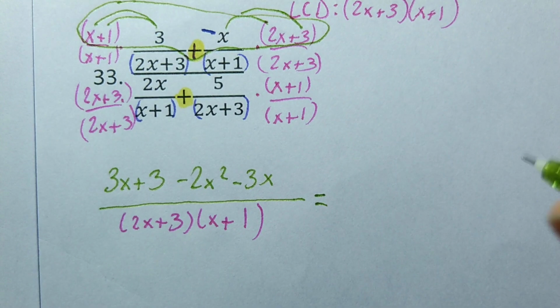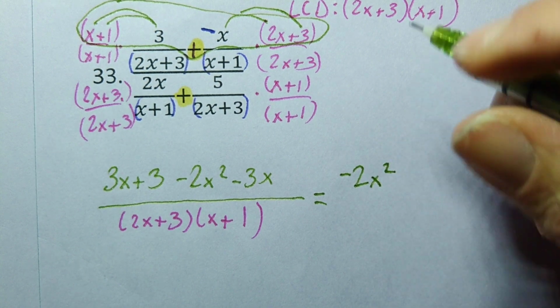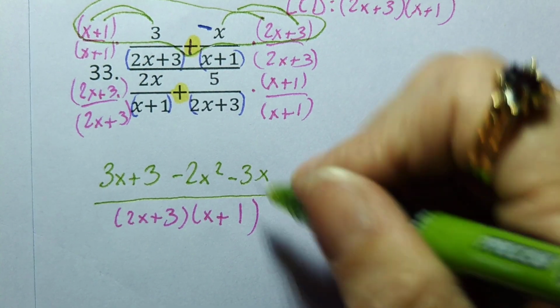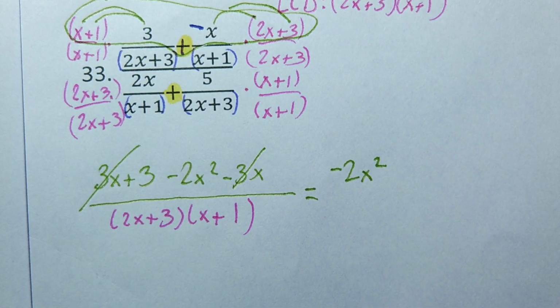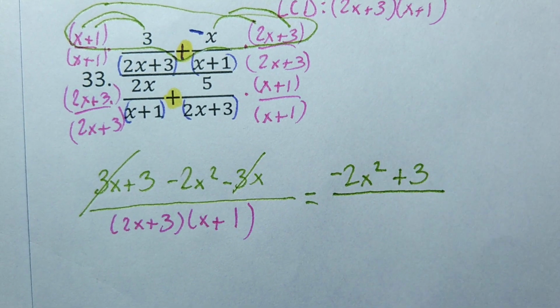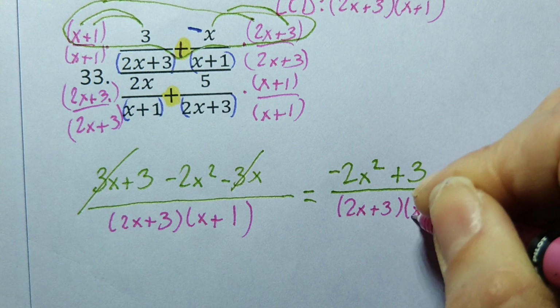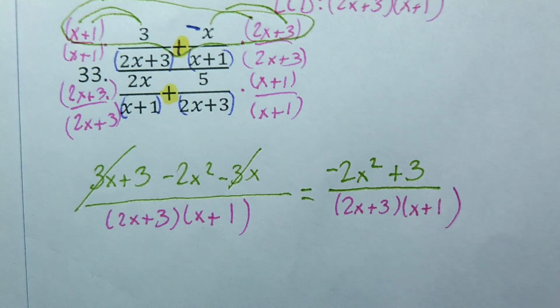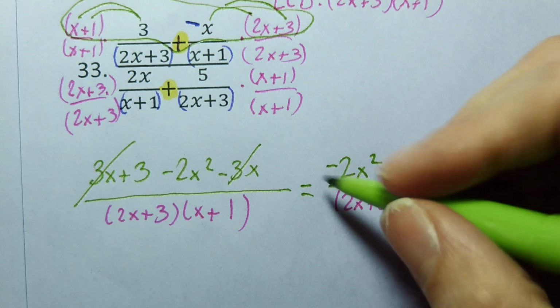Now, when I simplify, I would put it in that quadratic order, negative 2x squared, and then the 3x and negative 3x cancel. We get plus 3, and that's all over 2x plus 3 and x plus 1. So that's our simplified answer for the top.